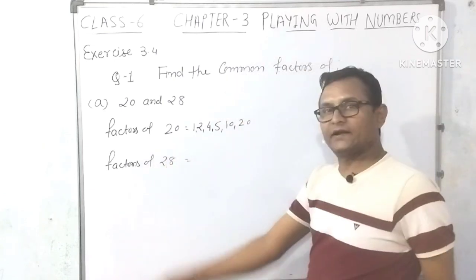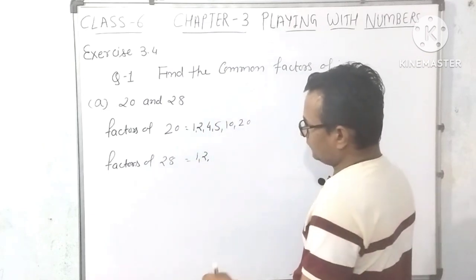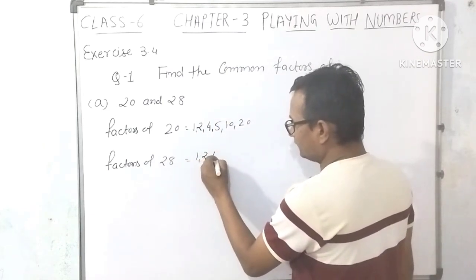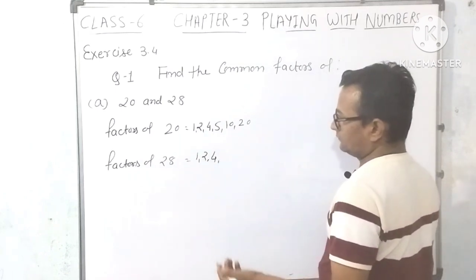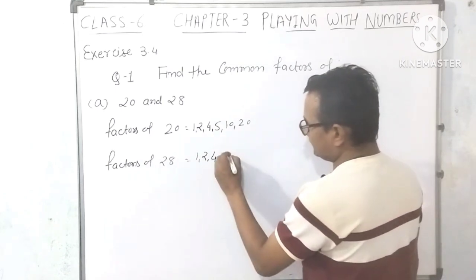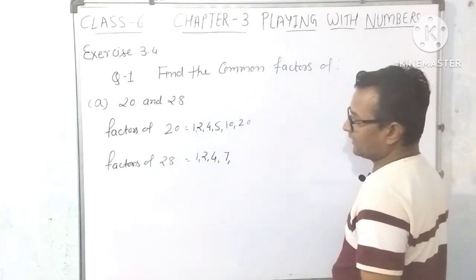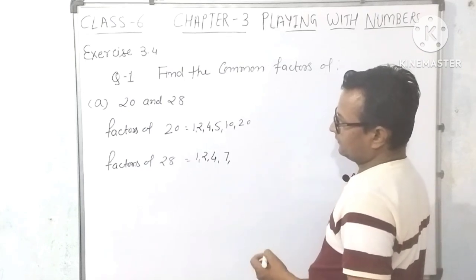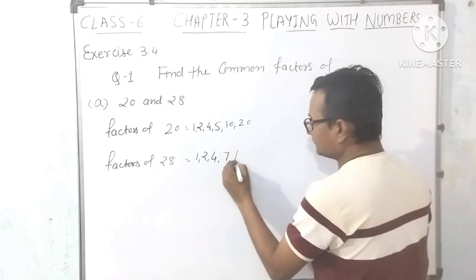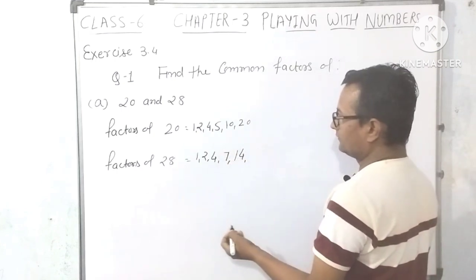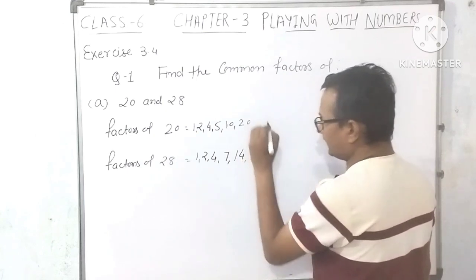Again we have to find out the factors of 28. So factors of 28 are 1, 2, not 3, then 4, 4 sevens are 28, 5 not possible, 6 no, 7, 8 not possible, 9, 10, 11, 12, 13, 14 twos are 28. So after 14, the last factor is 28.